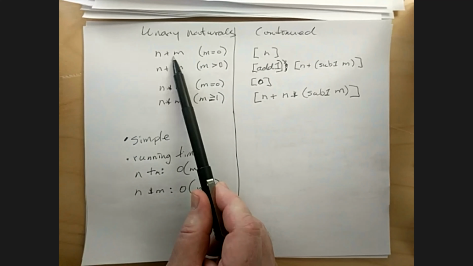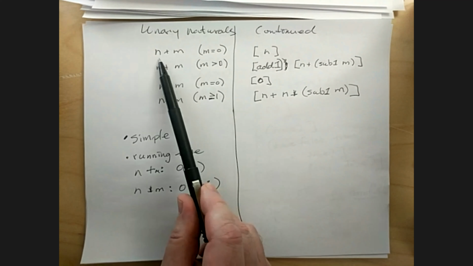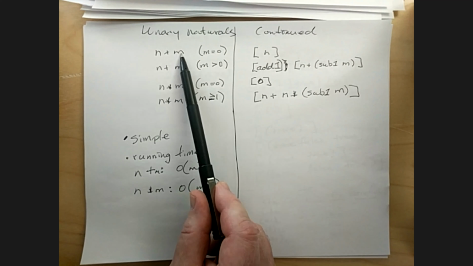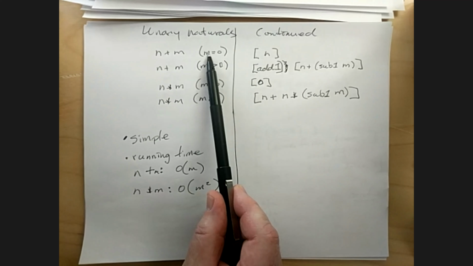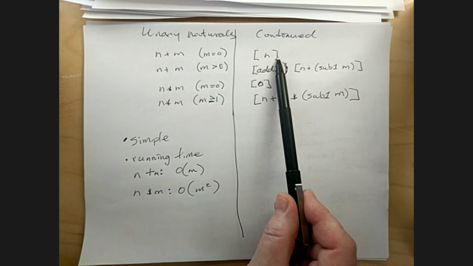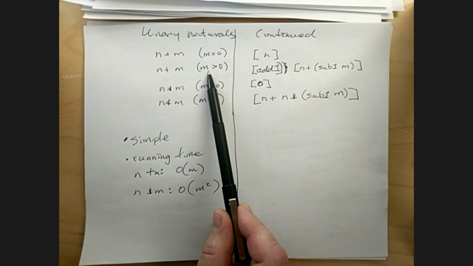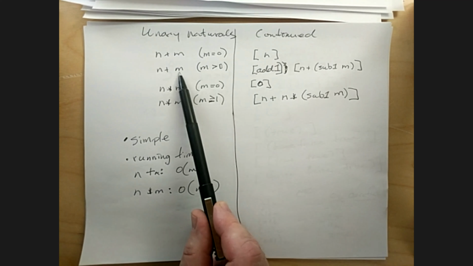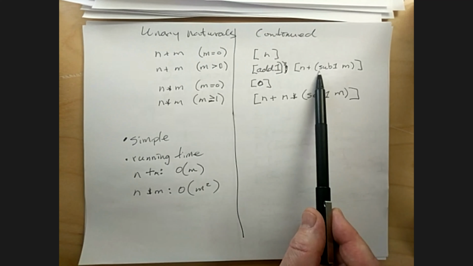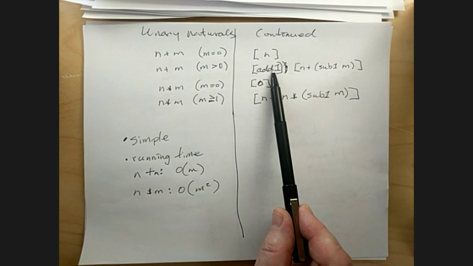How are we going to add numbers? Well, if you want to add 2 numbers n and m, and you happen to know that m is equal to 0, that's an easy trivial case. That's just the number n. What if m is greater than 0? Well, what we can do is subtract 1 from m, add that to n, and then add 1 to the result.